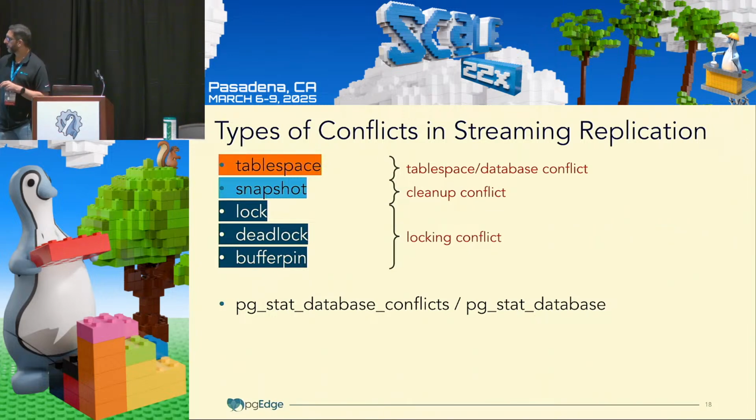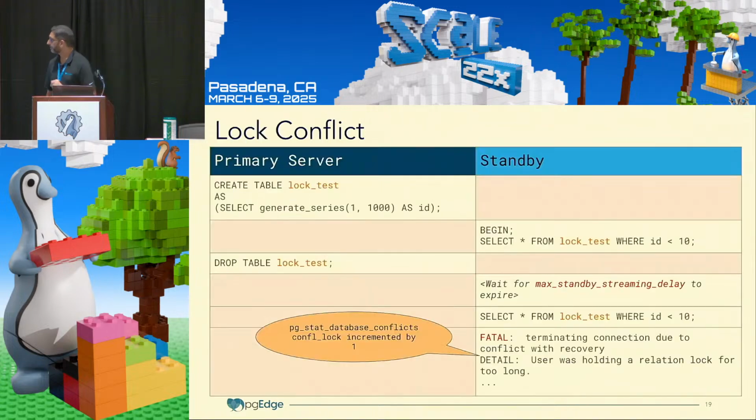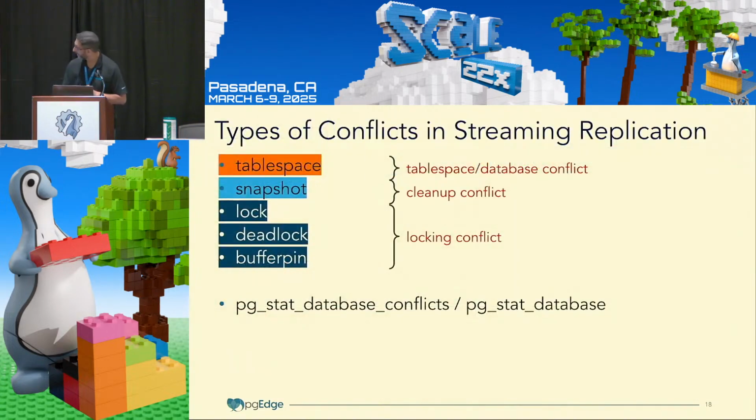So if your corresponding row version is no longer available, you would have an issue and a conflict there. Deadlock and buffer pins are others. There's effectively only one view in Postgres in the statistics collector, and that's pg_stat_database_conflicts, which is essentially a counter of each conflict per database.